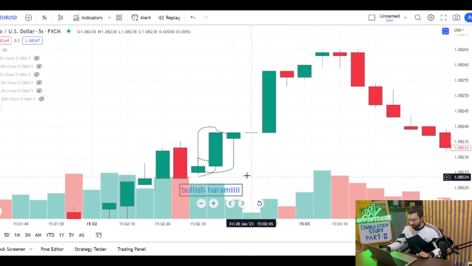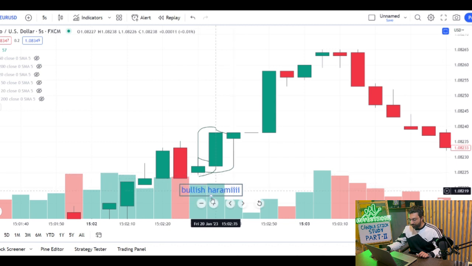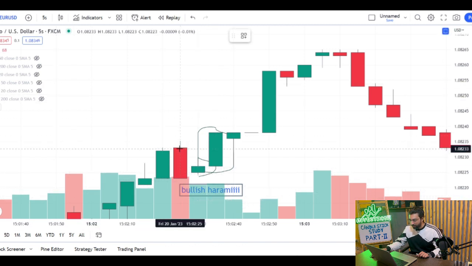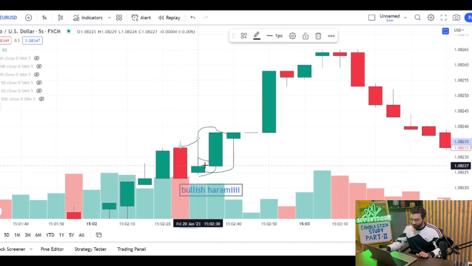So traders, here you can see there is an example of bullish harami pattern. This one is a large bearish candle, which you can refer to as a mother candle, and this one is a small bullish candle, which you can refer to as a baby candle. Once you see this type of pattern, for the confirmation you have to wait for another candle to form.